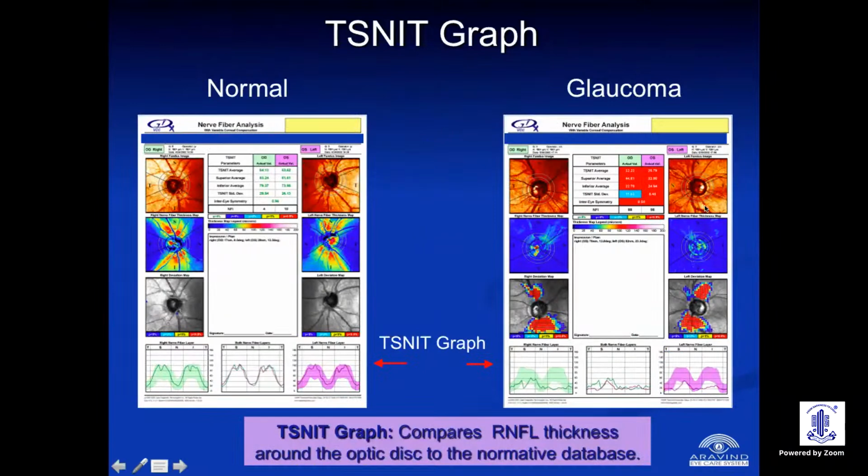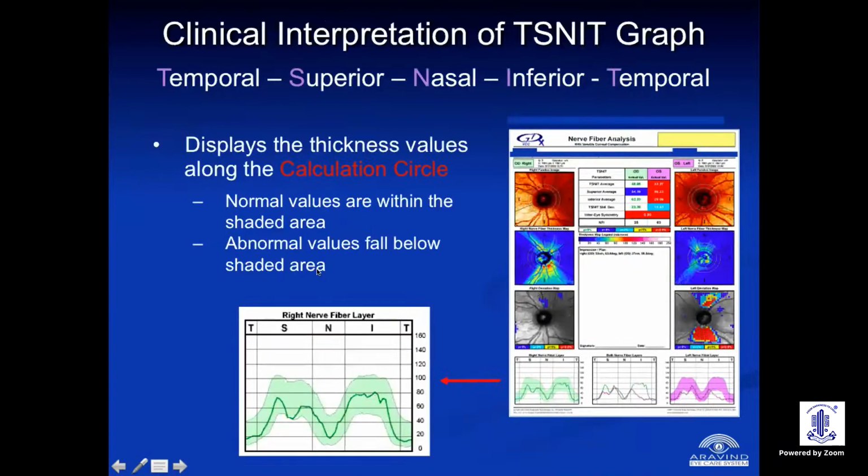Coming to the TSNIT graph. This is also extremely important. The scan starts at the temporal aspect, goes superior, nasal, inferior, and then finishes at the temporal. You will hear a lot of TSNIT probably in the next OCT presentation also.